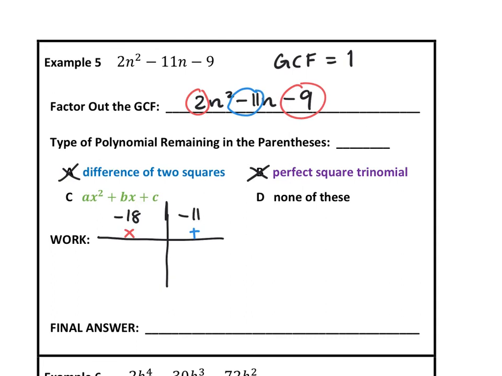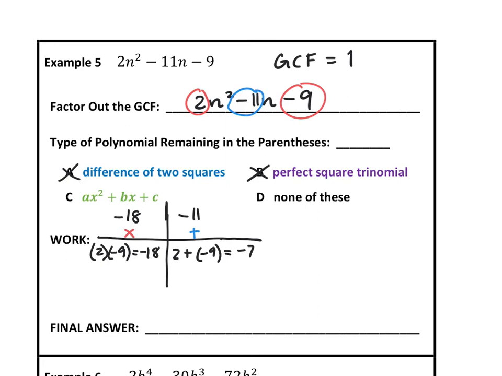So can we think of two numbers that multiply to give me negative 18? Actually, let's try the two numbers that we multiplied right now. 2 times negative 9 is negative 18. And what's 2 plus negative 9? That's negative 7.